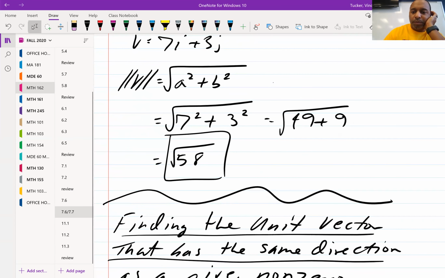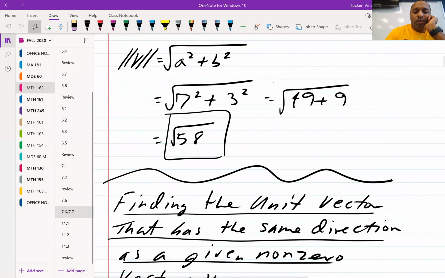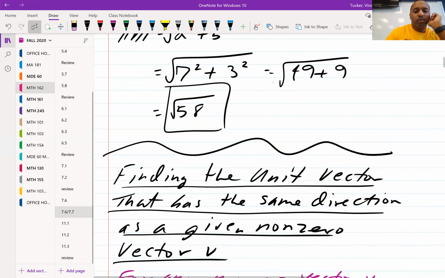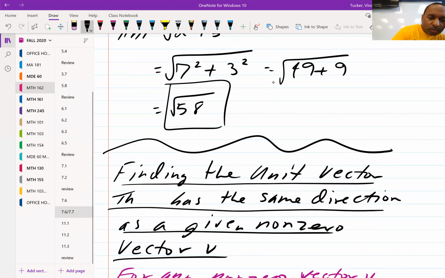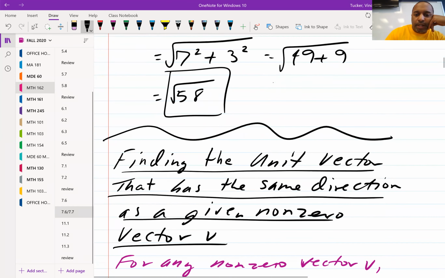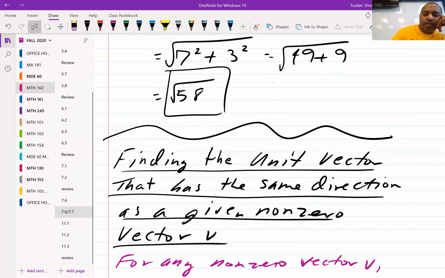All right, so this next piece is going to be new in comparison to what we talked about last class. Finding the unit vector that has the same direction as a given non-zero vector.